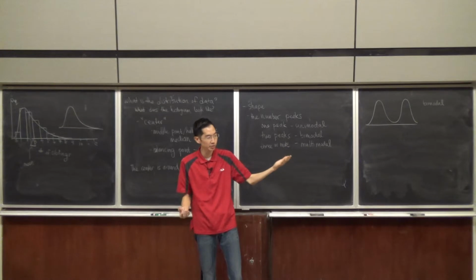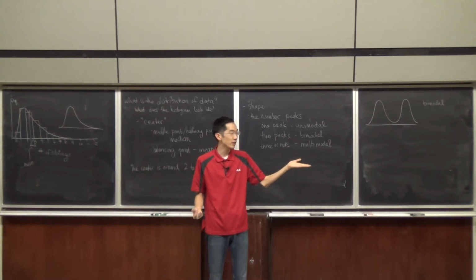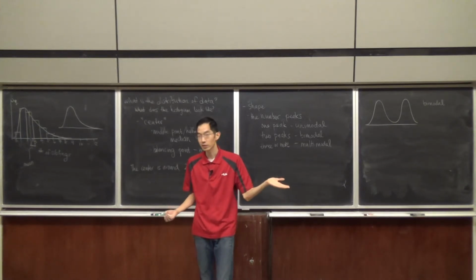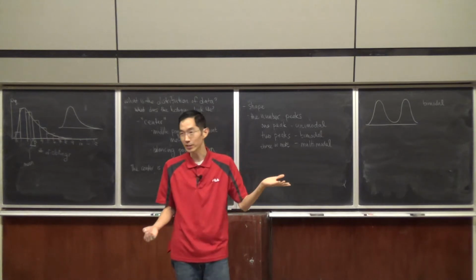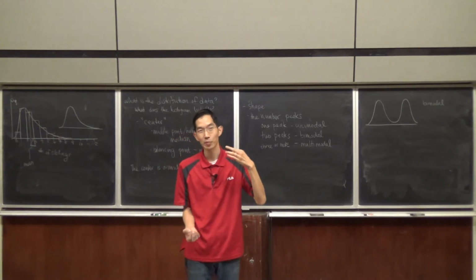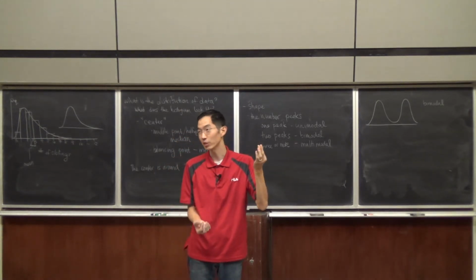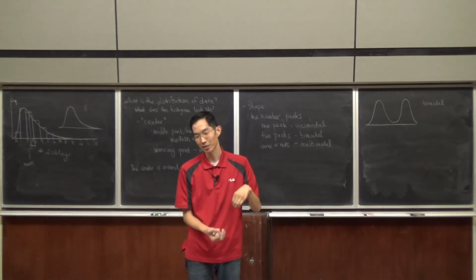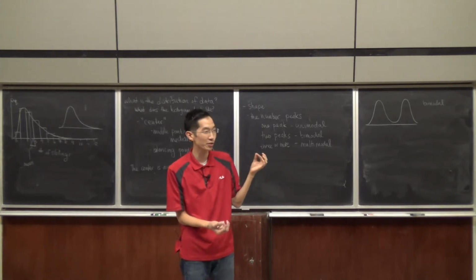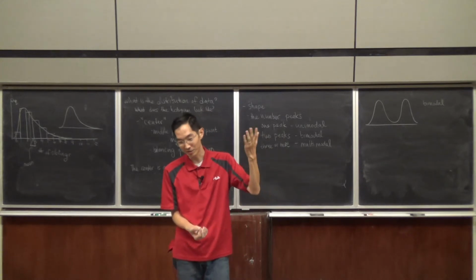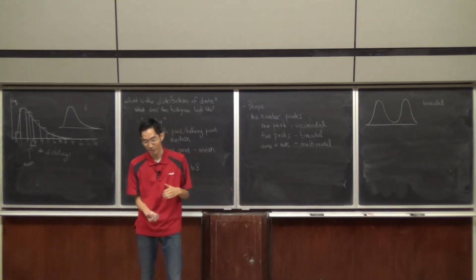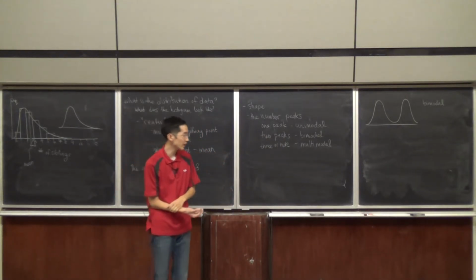Testosterone level is a numeric variable. We could take a saliva sample and measure how many milligrams or picograms of testosterone per unit in your saliva. We can get that.